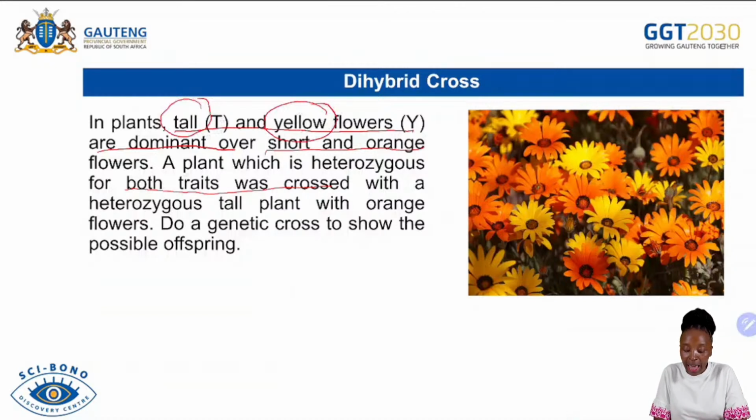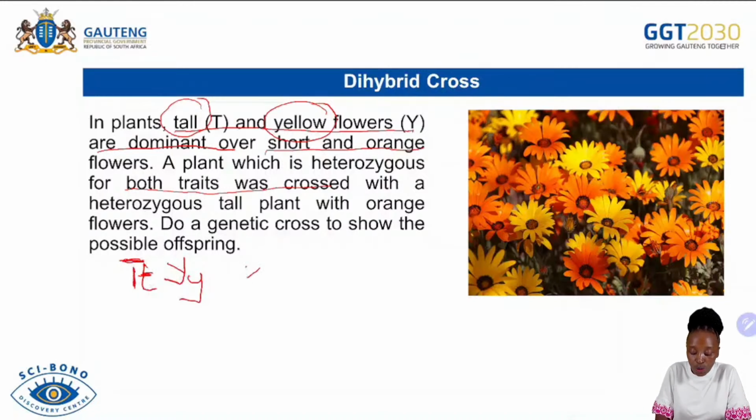Now the statement says a plant which is heterozygous for both traits. So we're looking at a plant that is heterozygous for tall and heterozygous for color, which is yellow. Remember, when it's heterozygous, it is 2 contrasting characteristics.